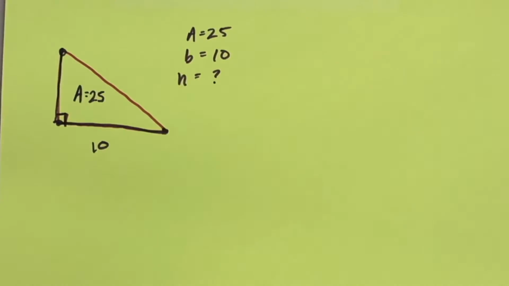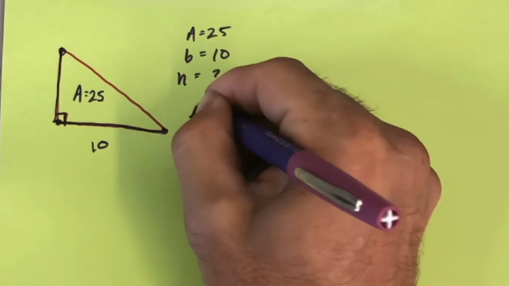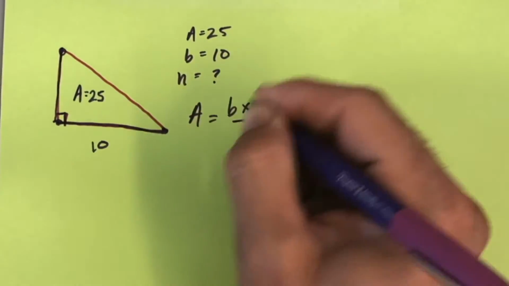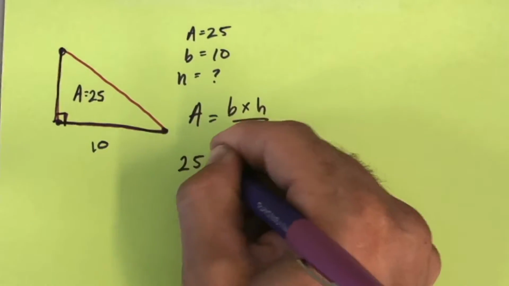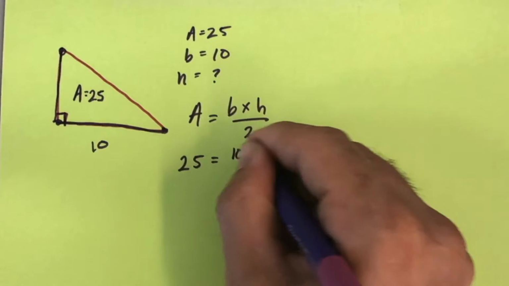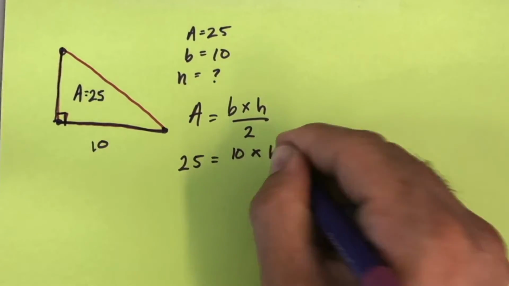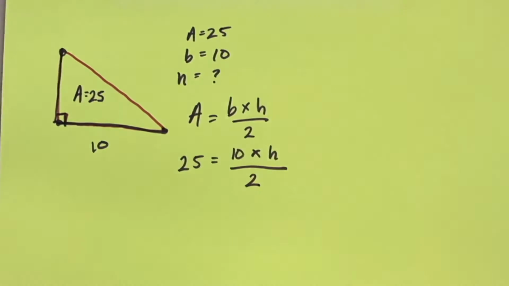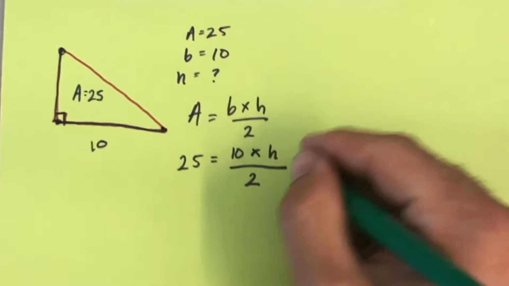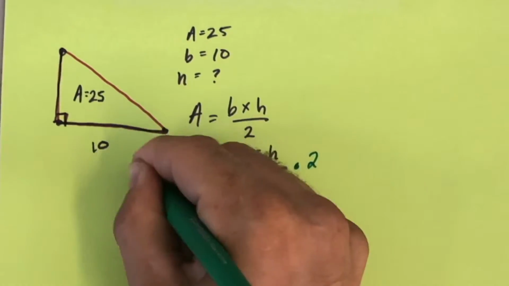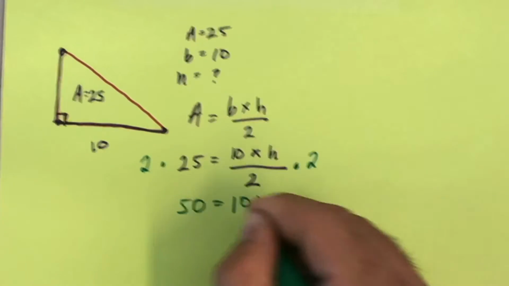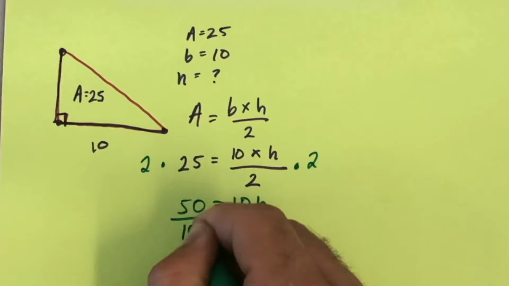Well, one thing you want to do is fill out your area formula and say, okay, my area is 25. They give me a base of 10, and I don't know my height, so I'll give it a variable of h there. And basically all I want to do is solve for h by multiplying both sides by 2. 50 is equal to 10 times h, divided by 10.